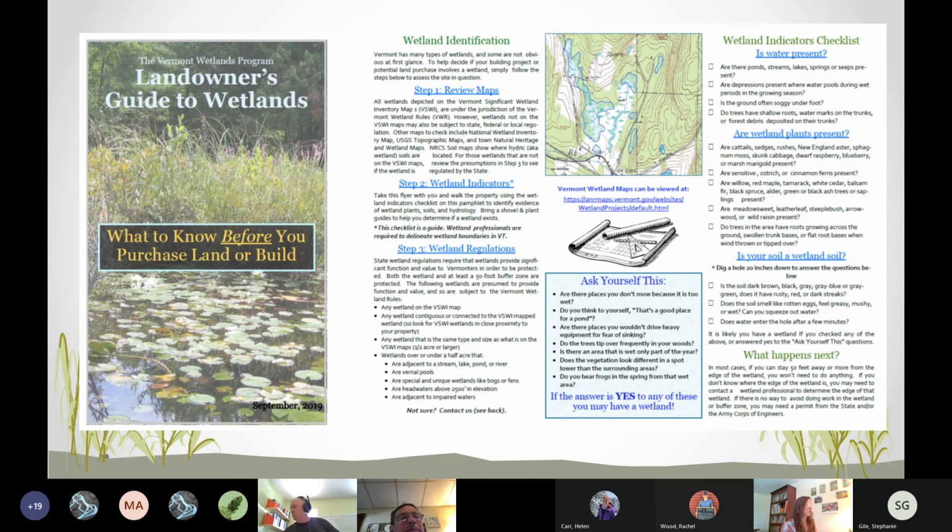So there's all kinds of different ways to ask this question of, what do you have for vegetation? Is water present? How long is it there? And I think that just because it isn't on the map doesn't necessarily mean it's not wet, and there always needs to be a field component, an on-site component to some of these yes or no questions of whether or not a wetland's present.